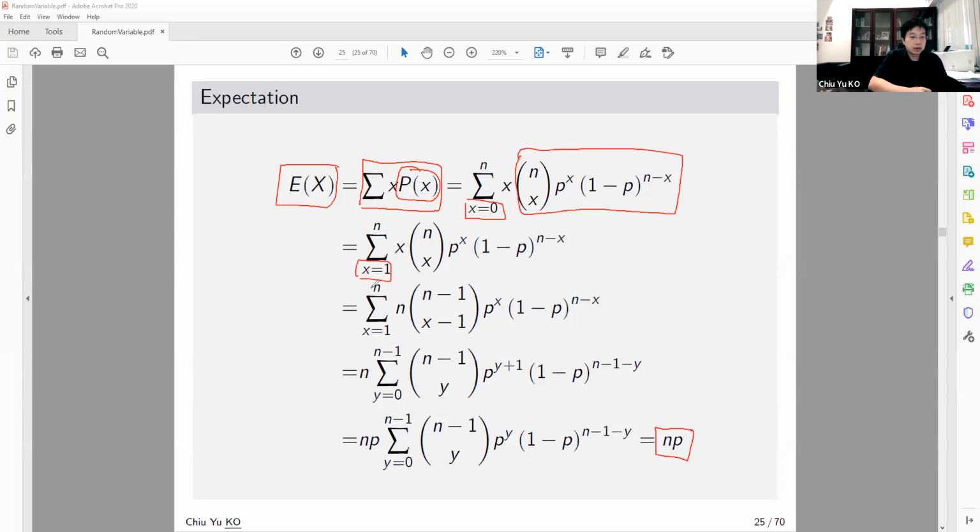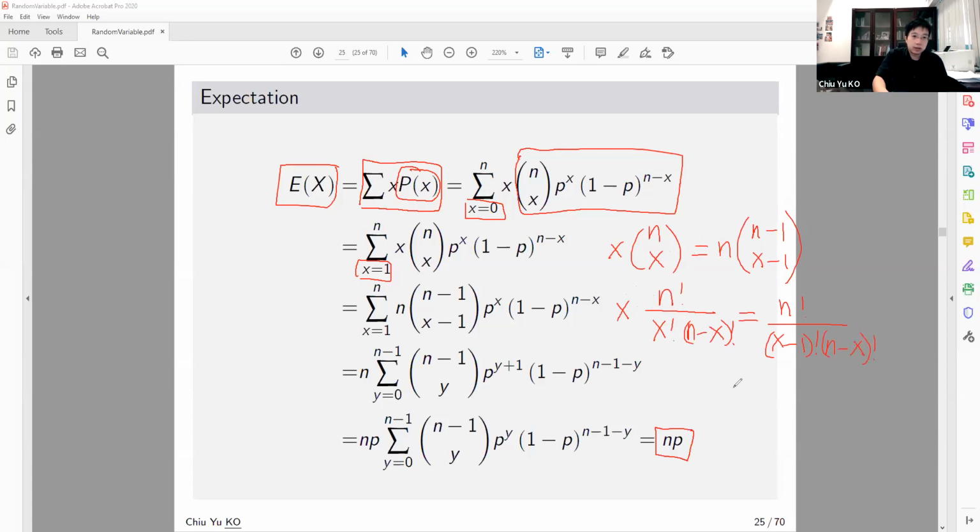Next we will use an interesting property that we can prove easily: x times nCx is equal to n times (n minus 1)C(x minus 1). How to prove that? It is easy. x times nCx is x times n factorial over x factorial times (n minus x) factorial. You can cancel x and x factorial, which gives n factorial over (x minus 1) factorial times (n minus x) factorial.